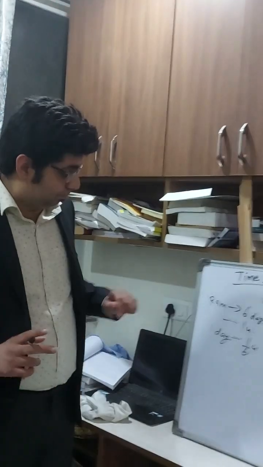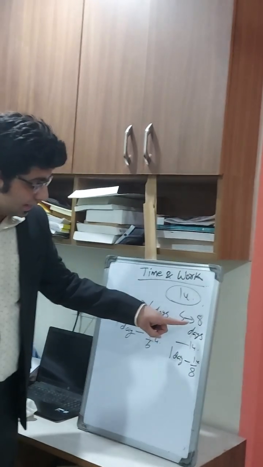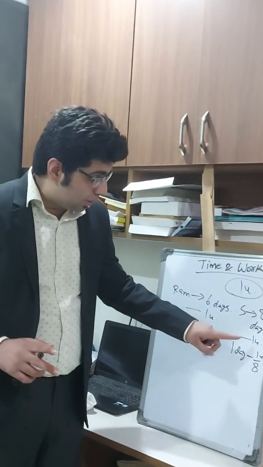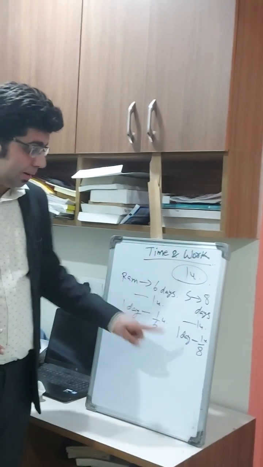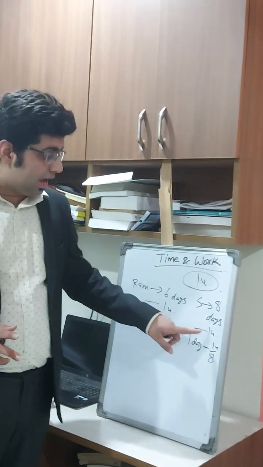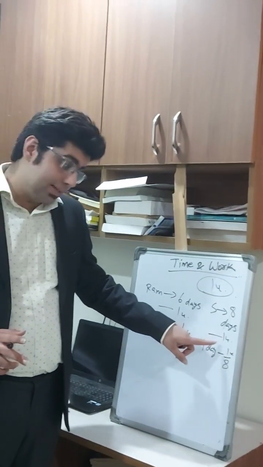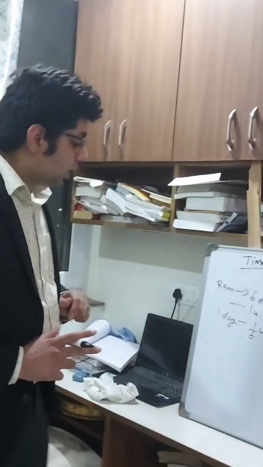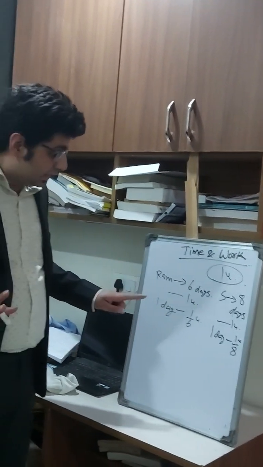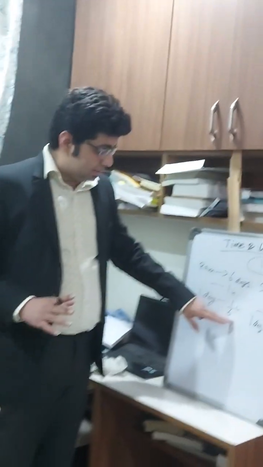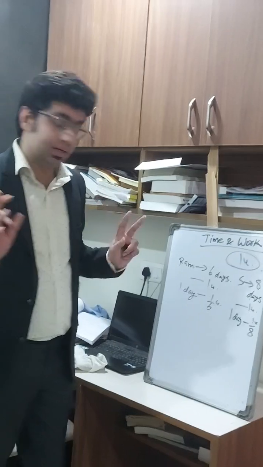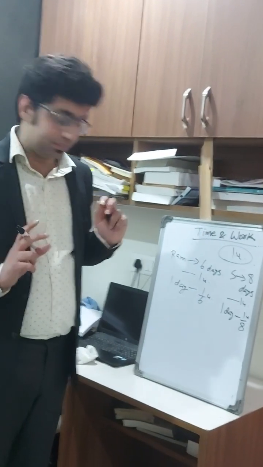Same way as Ram, if we divide the LHS, that is 8 by 8, we get 1, and because we divided the left hand side by 8, we have to divide the right hand side by 8, right? So in one day, Ram is doing 1 by 6 unit of work and Sham is doing 1 by 8 unit of work, where the complete work is 1 unit.